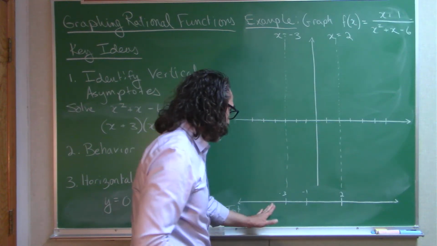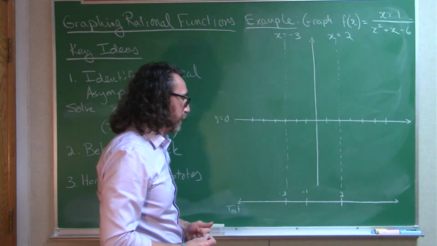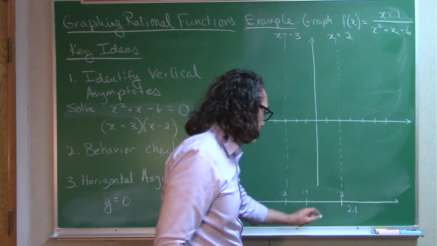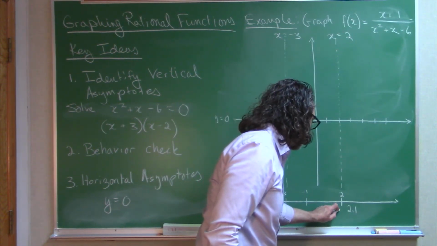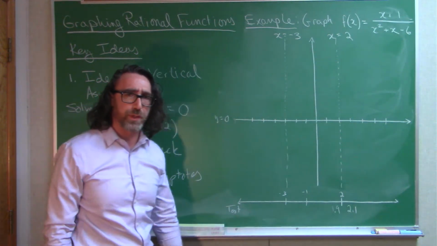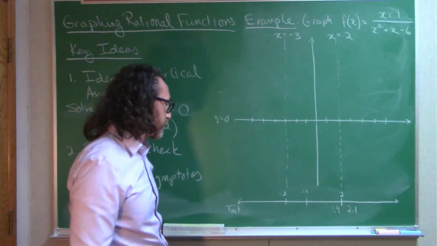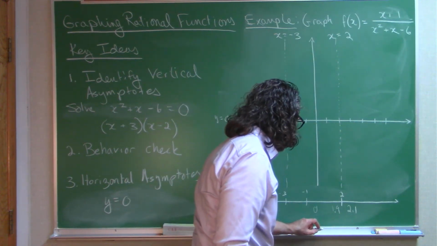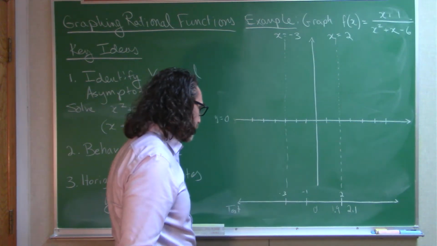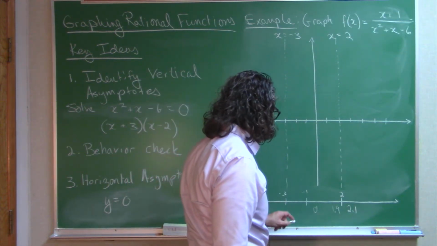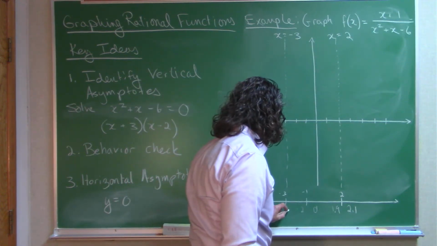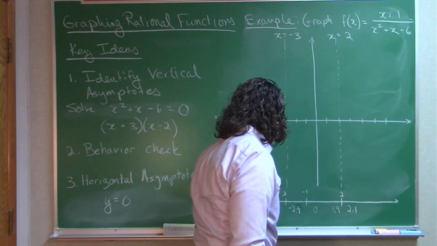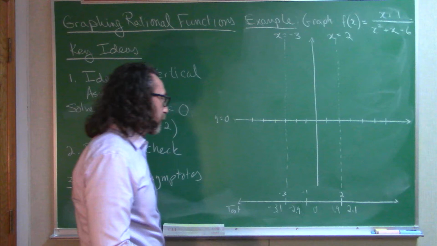So I'm going to need 4 test points: 2.1, 1.9. I try to pick test points pretty close to the vertical asymptotes. Here I'll put 0. Then -2.9 and -3.1.